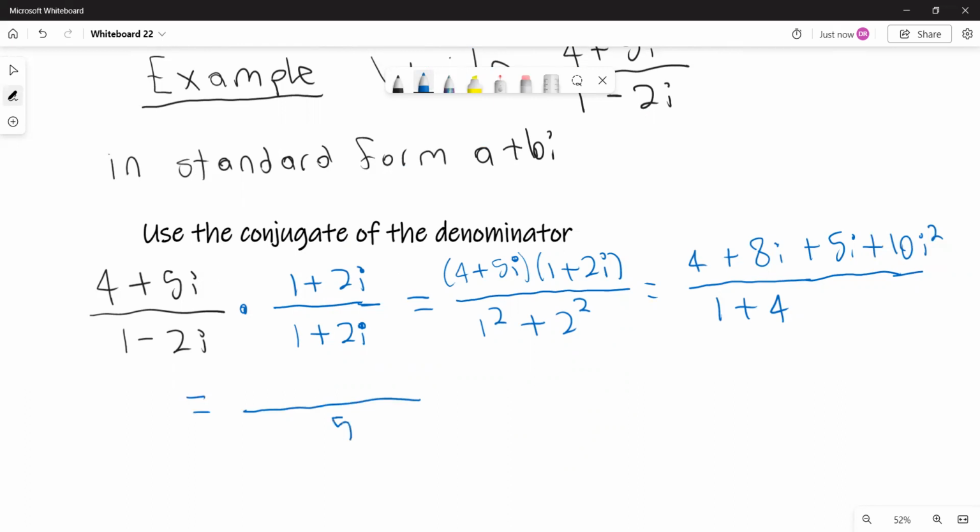The denominator is going to be 5. And then we have 4, minus 8i plus 5i is minus 3i. Hmm, and 10i squared is going to be minus 10. We're almost there. 4 minus 10 is negative 6.